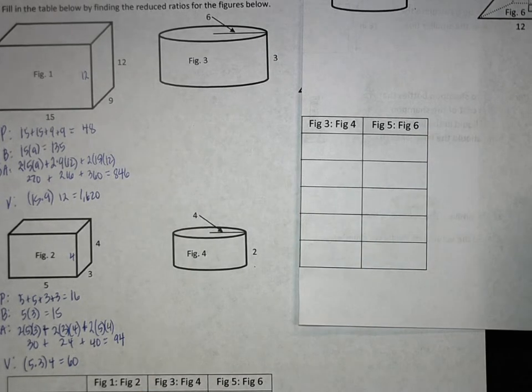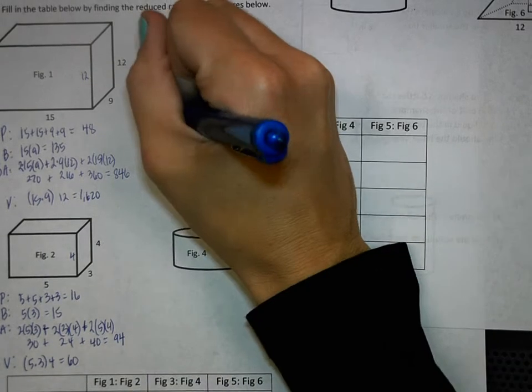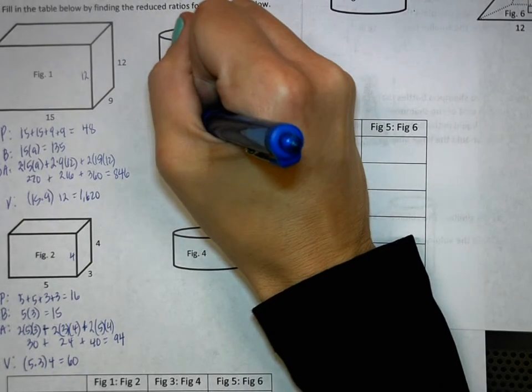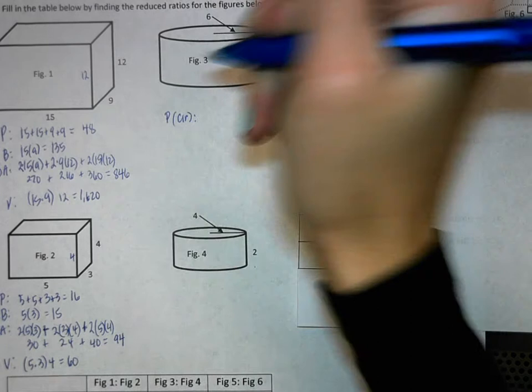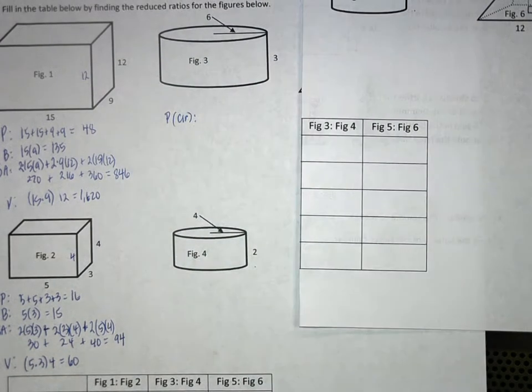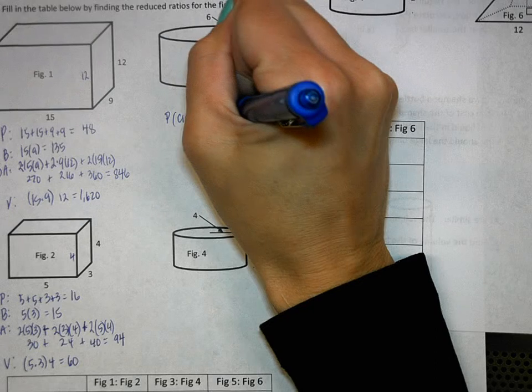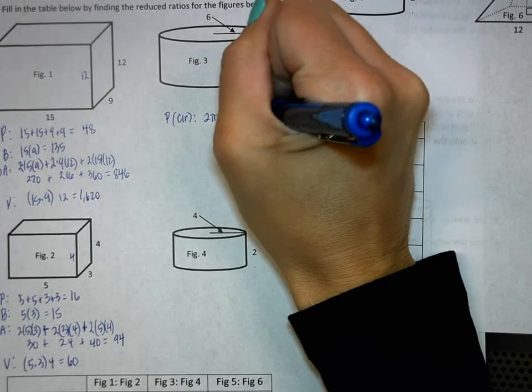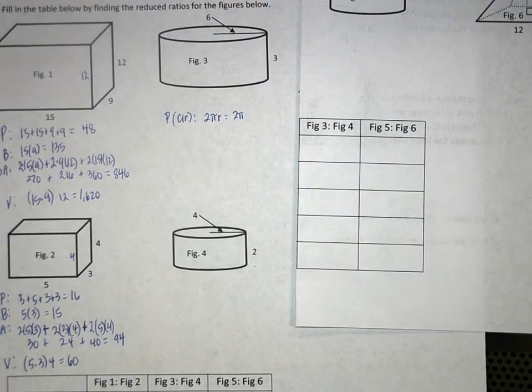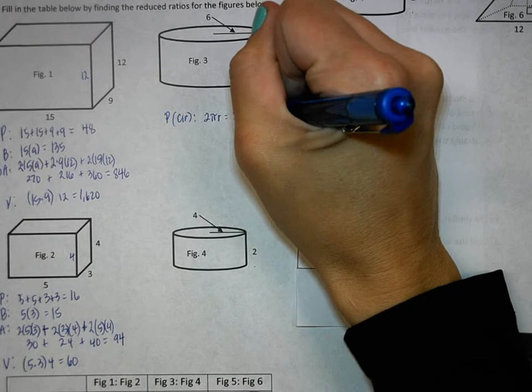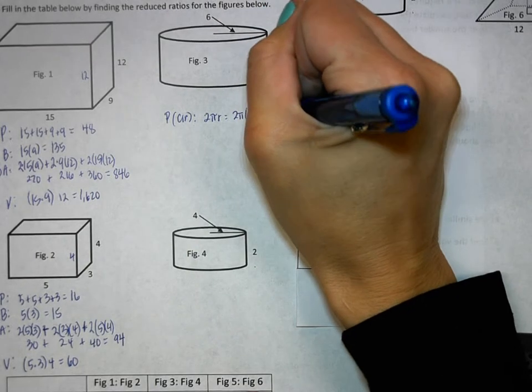And the circumference, which you need to remember. So I'm going to put perimeter, but specifically it really is the circumference. And so we need to just find the outside of the bottom, and that formula is 2 pi r. And so 2 pi times r, which is 6, means I have 12 pi.